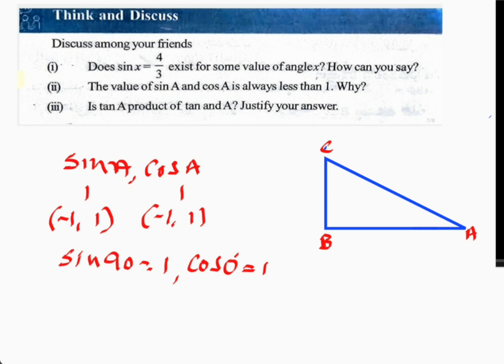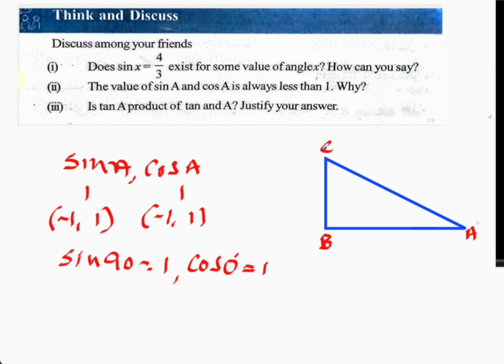But here it is given as less than 1. I can't agree with this. Always less than 1 is wrong. Equal to 1 is also there. The values are not greater than 1, as explained. So from this triangle we explained already that AC is equal to AB sometimes, that means at 0 degrees.